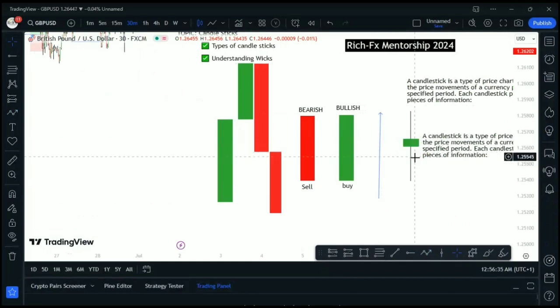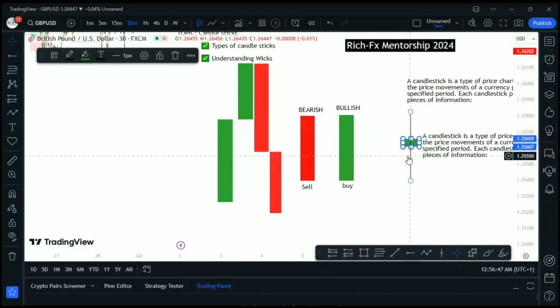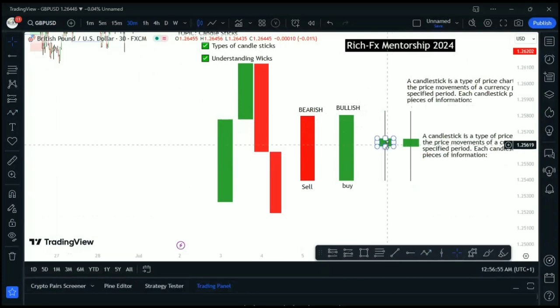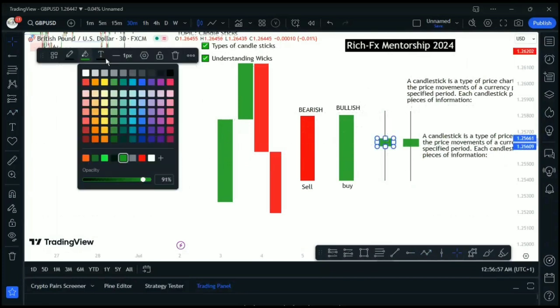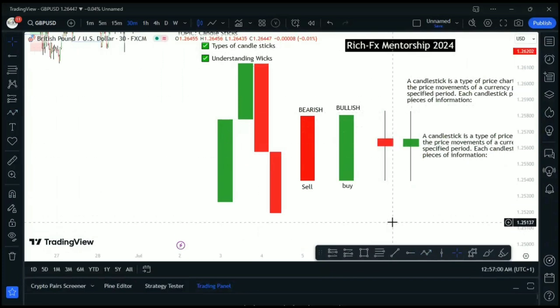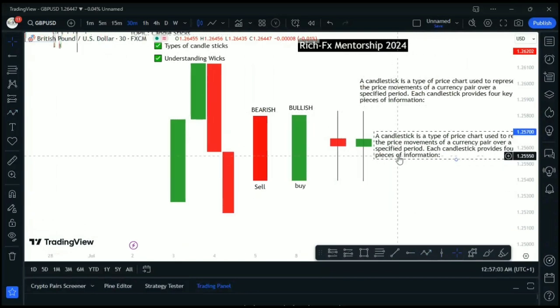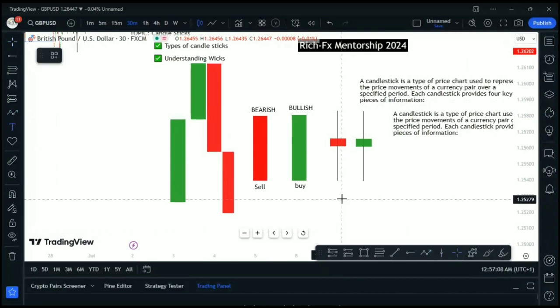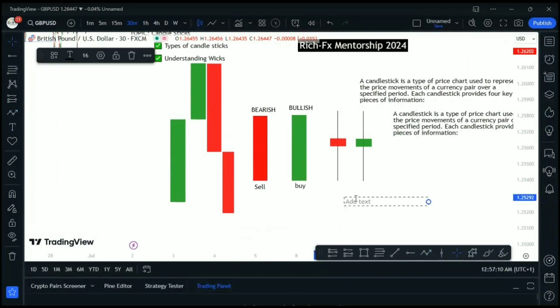You can see an example here. I'm just trying to make this class as practical as possible. So these are known as candle wicks.